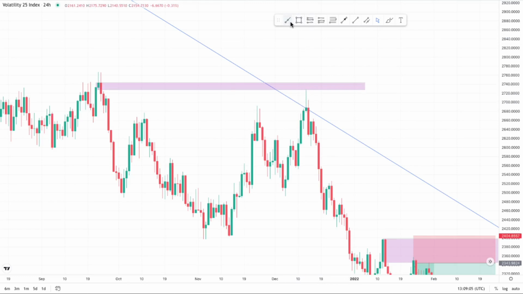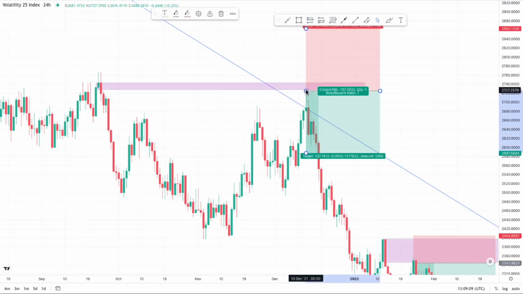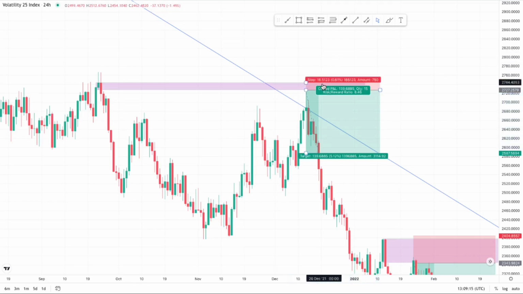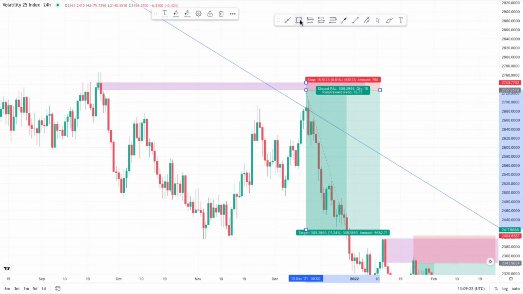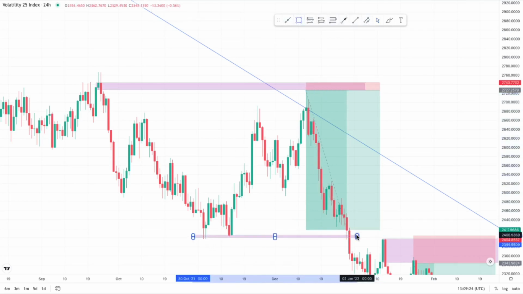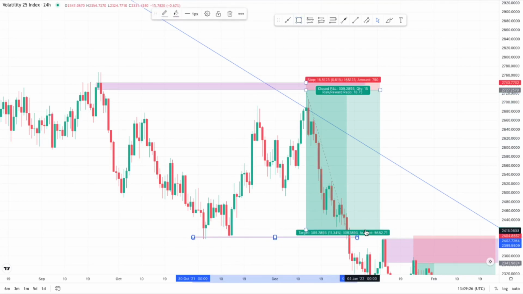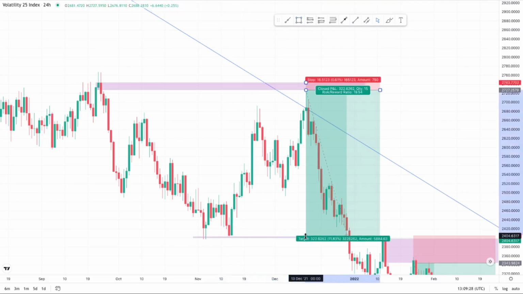Price taps the order block, and we would take our entry right on the edge of this order block right here. Our stop loss would be slightly above the order block, and then we would target this previous low which had been created by the market movement. This would be our take profit.